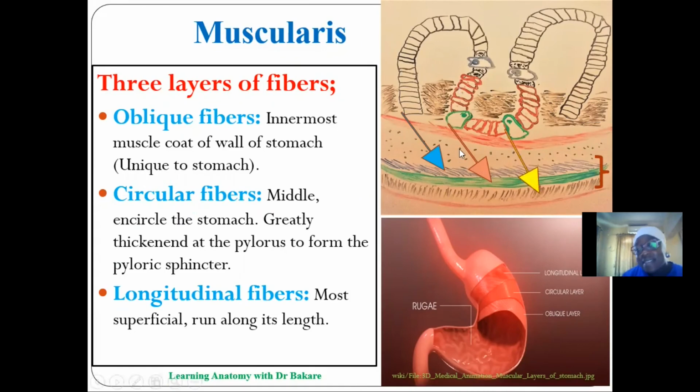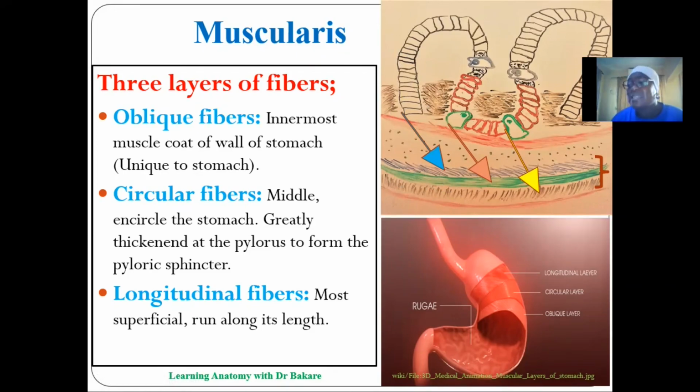This muscularis layer can also be referred to as the muscularis externa. Remember, we said we have a muscularis mucosa layer, which is highlighted in red as part of the mucosa layer, while more external to this muscularis mucosa, we have the muscularis layer. So this can also be referred to as the muscularis externa.